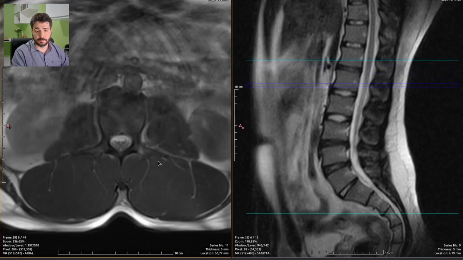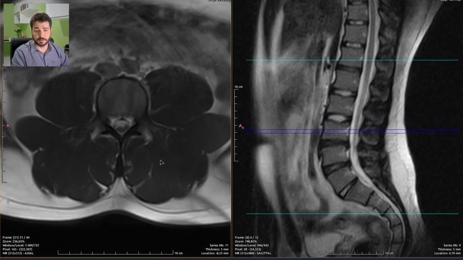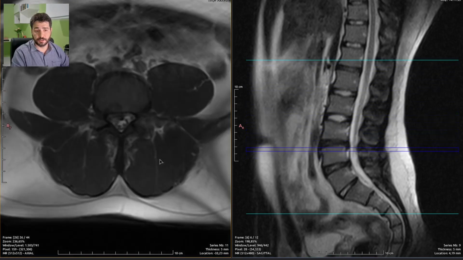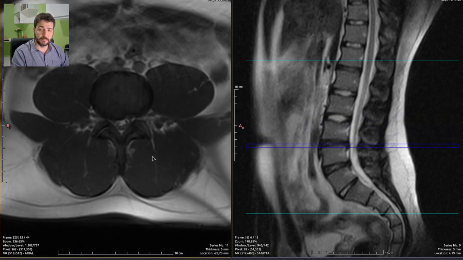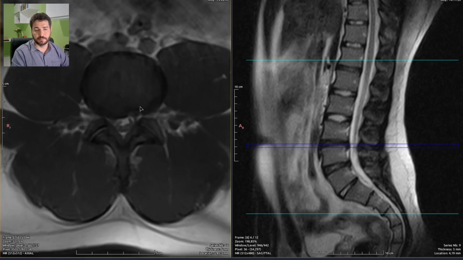Just to remember, you guys, this male patient is only 19 years old, so this is major disease for such a young patient. So in L4, L5, as you guys can see, there is indeed an extruded disc right here.